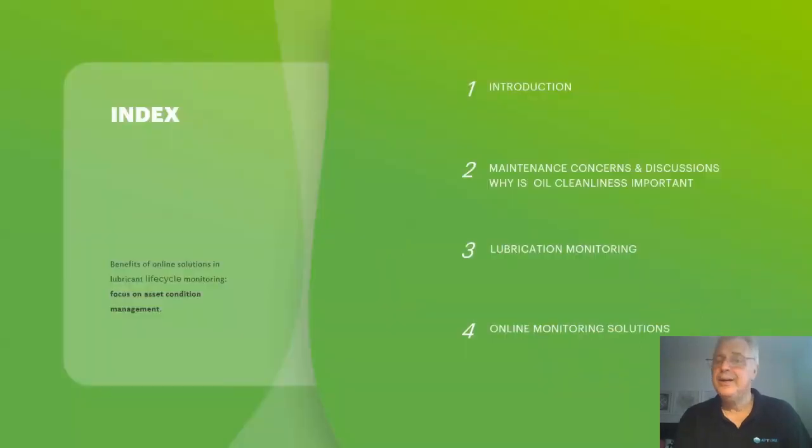In today's chat, the idea is to give some background as to why the importance of oil cleanliness. Then we will take a look on how online monitoring can contribute to keeping the lubricant clean and within specs throughout its lifespan, beginning at the blending plant to the end of its useful life.